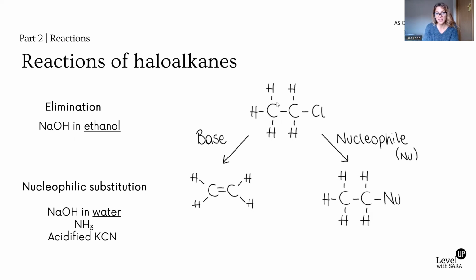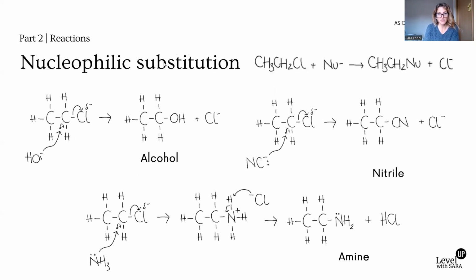In the first one, you can see we have a functional group, a chlorine, and then we have just a double bond with the removal of one molecule. So we know it must be the elimination. While the other one, we have a nucleophile that has taken the place of the halogen. So it's going to be nucleophilic substitution. But those are two main reactions. Don't worry about that too much for now, because I want you to focus now on the mechanism and the curly arrows. So let's focus on, well, actually, if you look at them, they're all really similar.